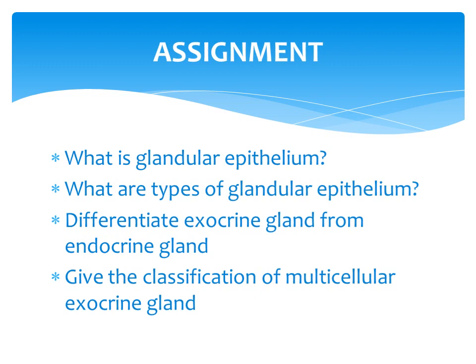Or if they ask based on its mode of secretion, we can write three types: merocrine, holocrine as well as apocrine. But here the question is give the classification of multicellular exocrine gland, so of course you have to write all three bases. Understand?